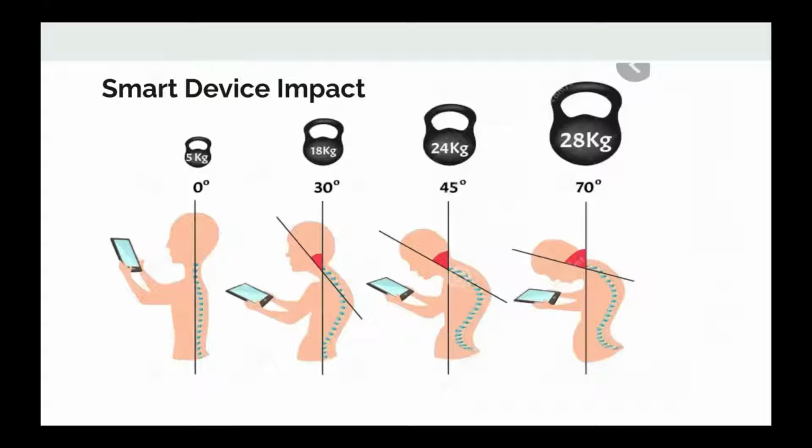Now, for those of you who are not desk workers and are more on your smart device, whether it's an iPad, tablet, or your phone, did you know that the more you bring your head forward, the more impact there is on your spine and your lower back? Throughout the day, an hour or 2, or 30 minutes here and there, multiple times a day, you're on your smart device 6 to 8 hours a day.